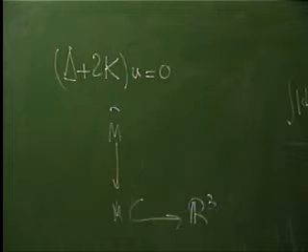Then you look at what happens: you know that the manifold cannot be compact, and then you look at whether it's the disk or the plane. The disk, by the preceding theorem, is not possible.